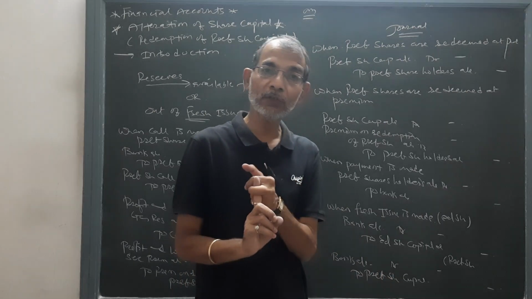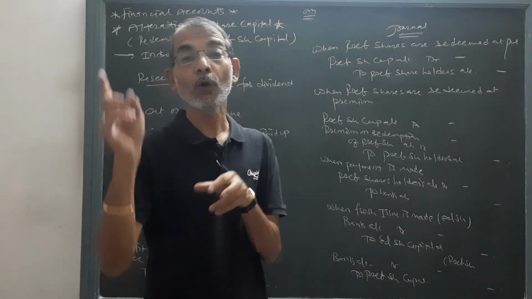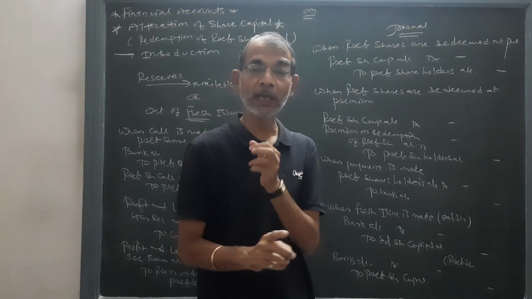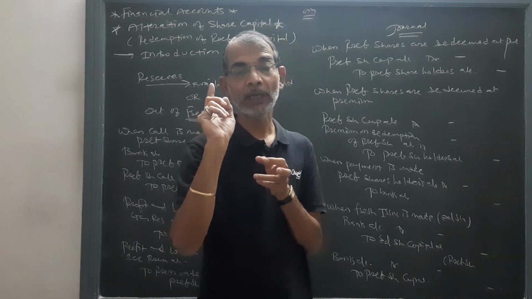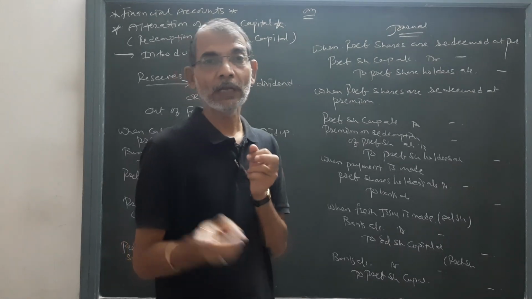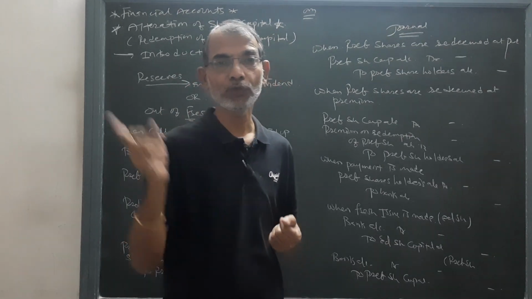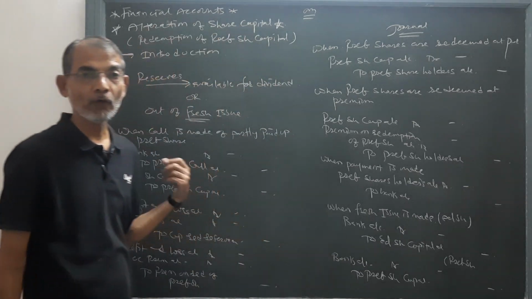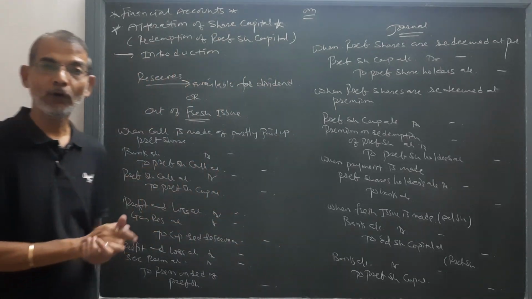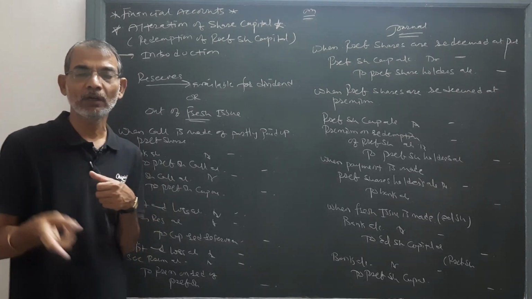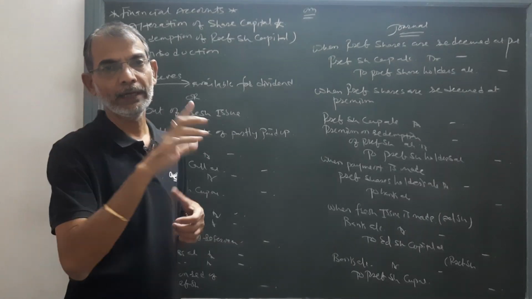If the company is willing to issue new shares, or has to adjust the bank balance, for that the company has to issue new shares, then for the remaining balance the company will create capital redemption reserve out of reserves available for dividend. Those reserves will be debited and capital redemption reserve account will be created.